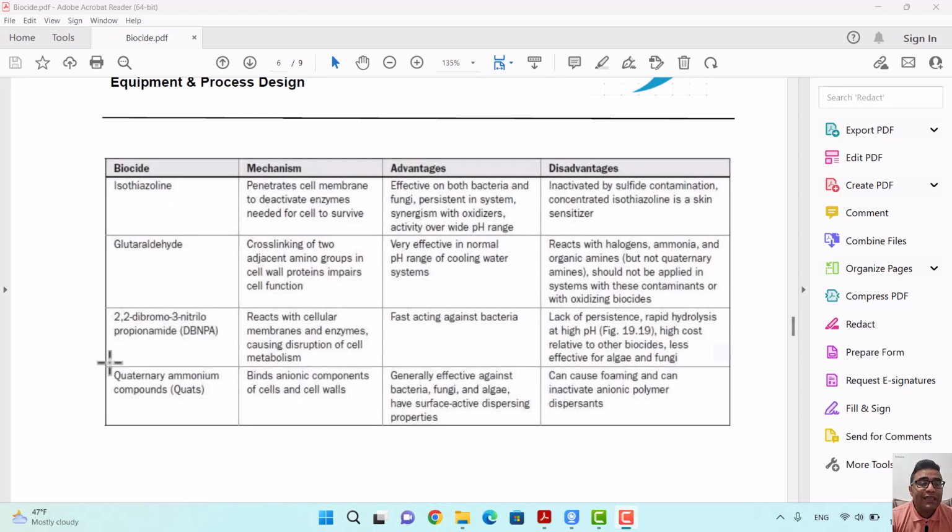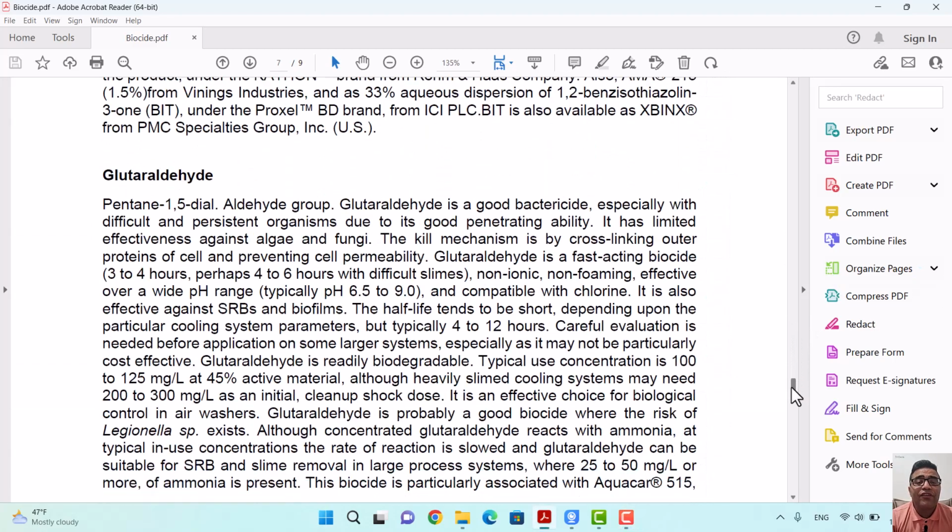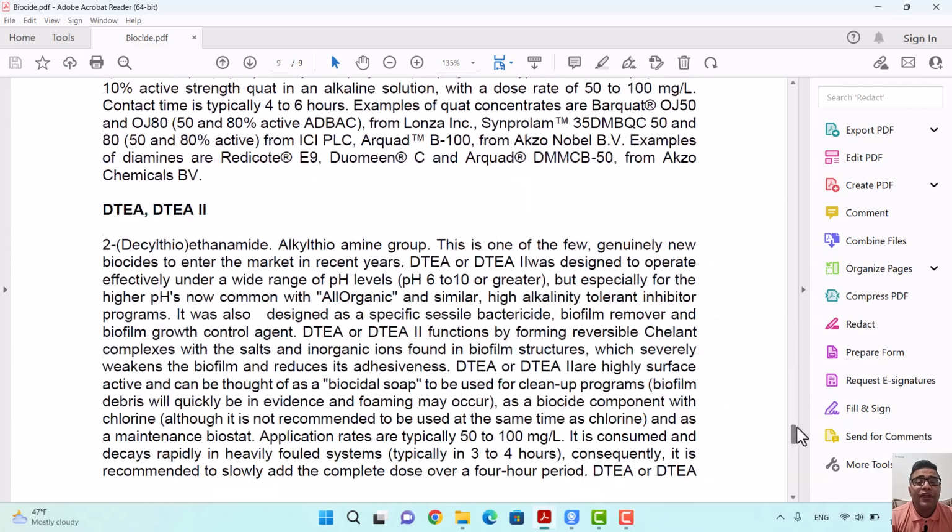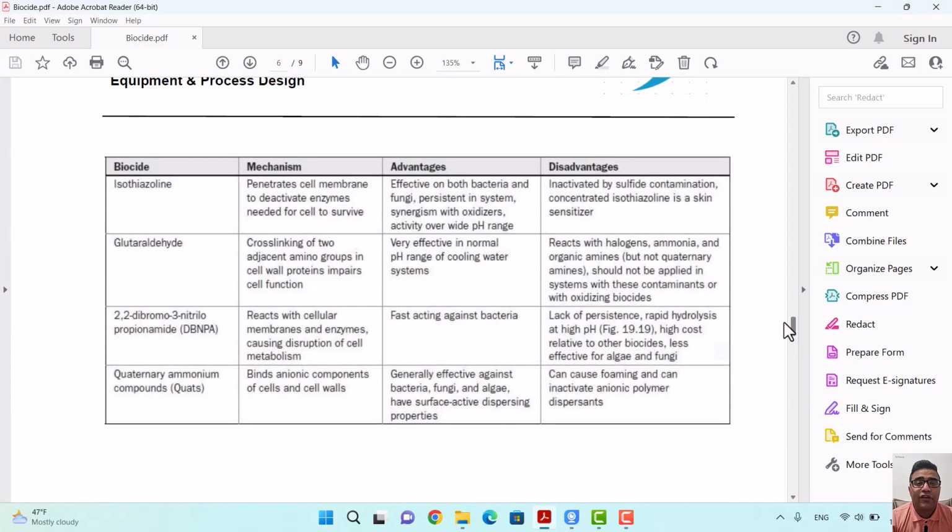Then we have quats, or quaternary ammonium compounds. Here is a brief and concise explanation of the mechanism, advantages, and disadvantages of each of these non-oxidizing biocides, but later we will explain extensively about each of them.